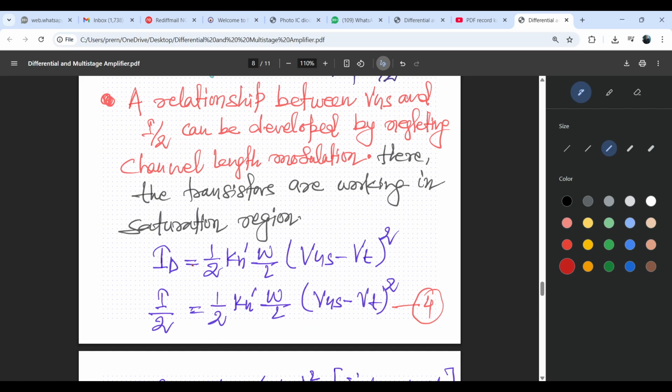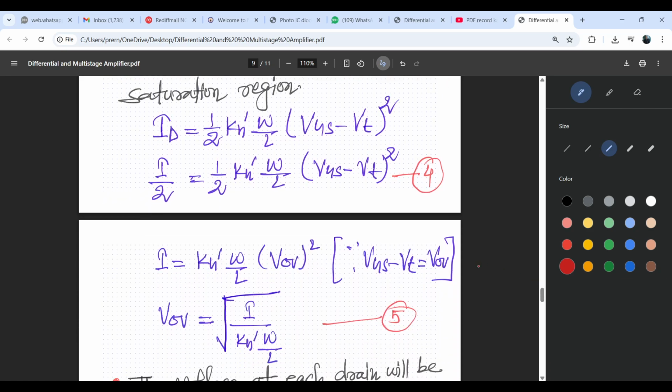If we solve, the 2 and 2 cancel out, so I equals Kn dash W by L VOV squared. This VOV, the overdrive voltage, is simply VGS minus VT. So VOV will be the square root of I by Kn dash W by L.